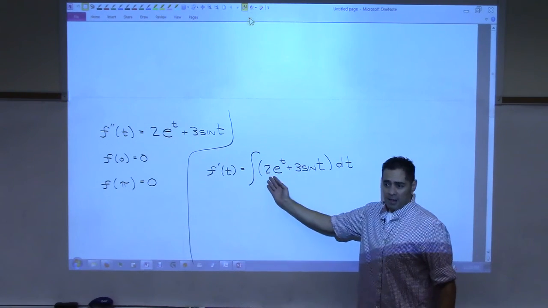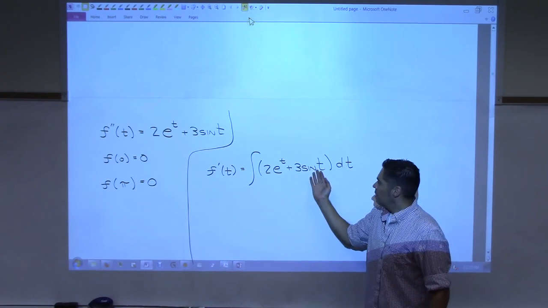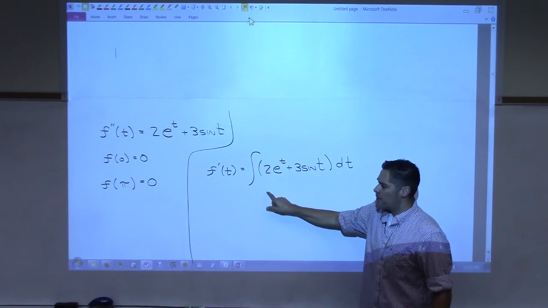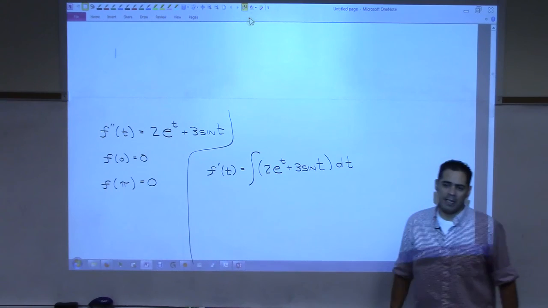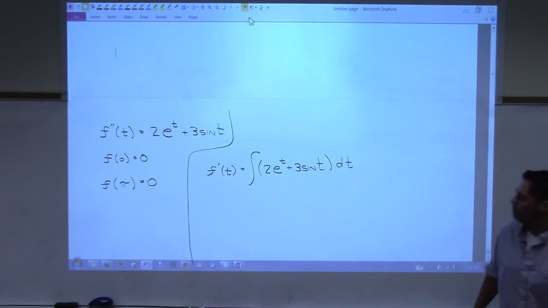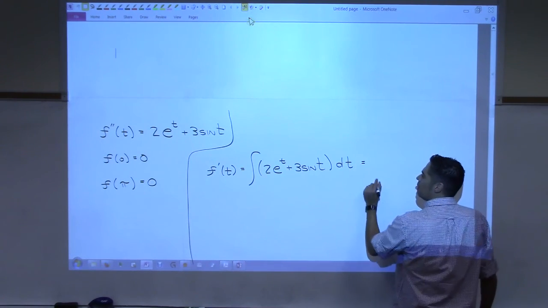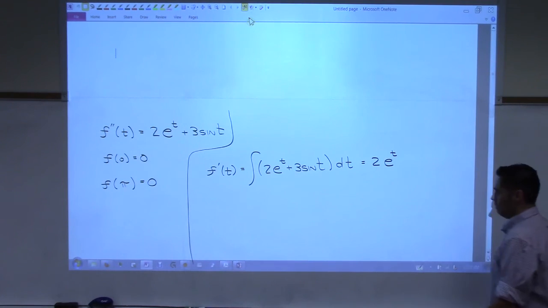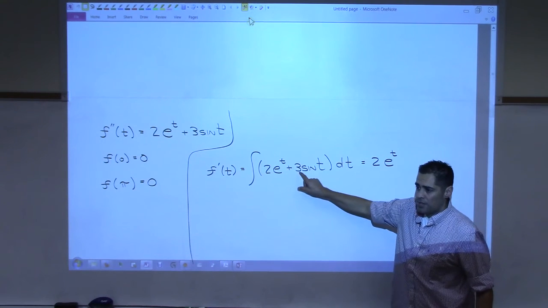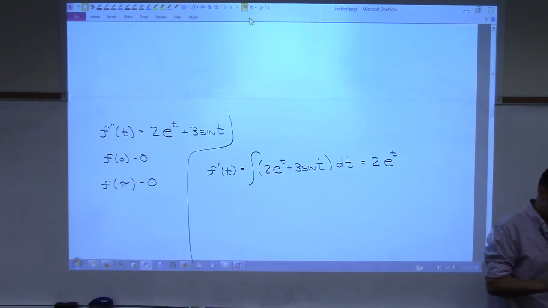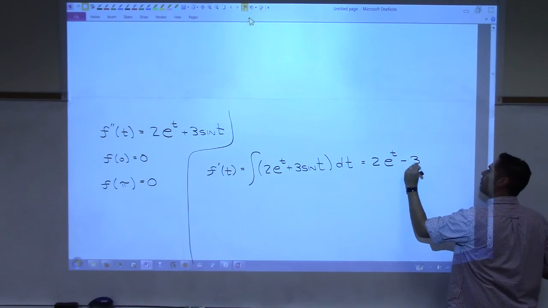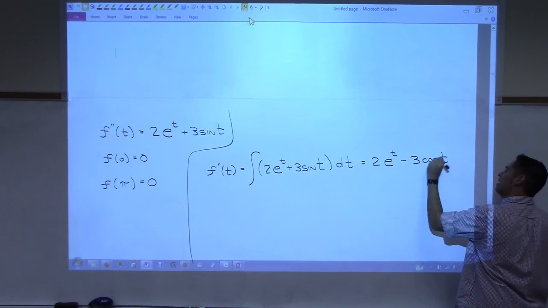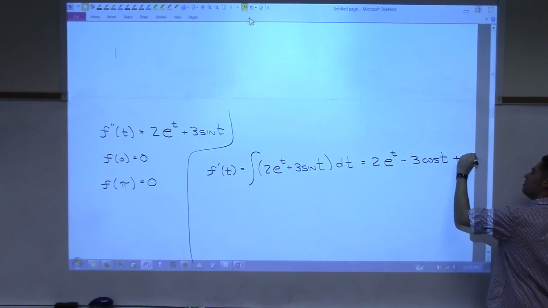Two separate terms, I can do them individually. 2 times something, 2 will come for the ride. Antiderivative of e to the t is itself, right? So we have no more integral sign, 2e to the t. The 3 is going to come along for the ride, plus 3. What's the antiderivative of sine? Negative cosine, right? So this becomes minus 3 cosine t plus c.